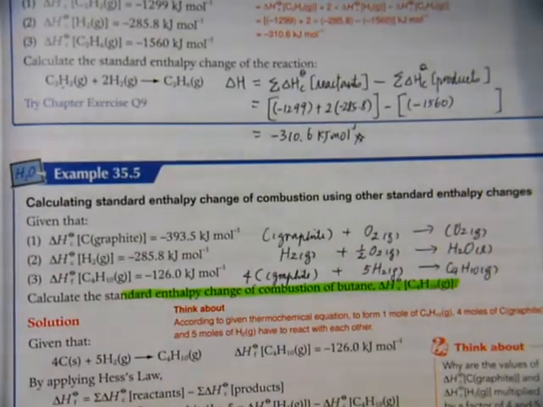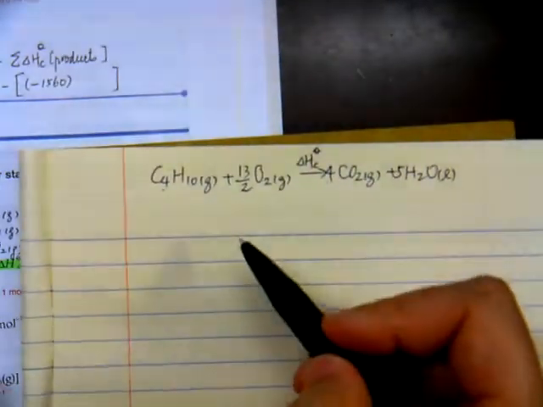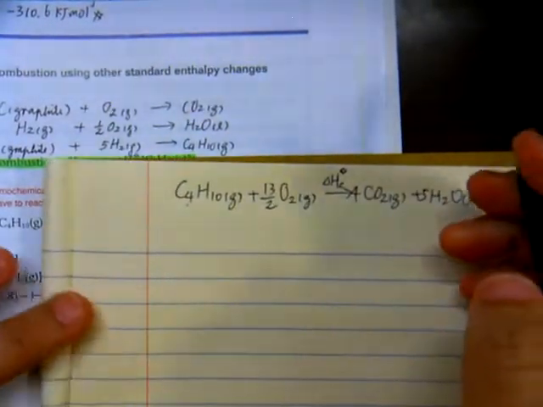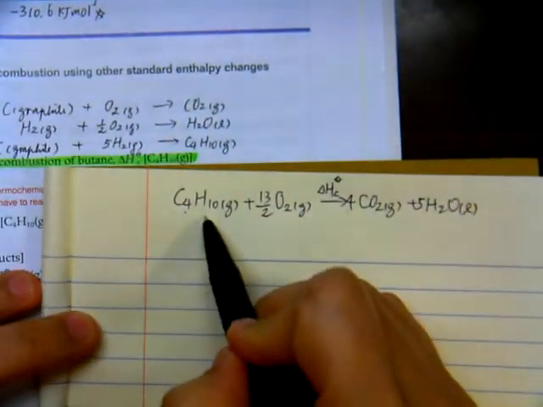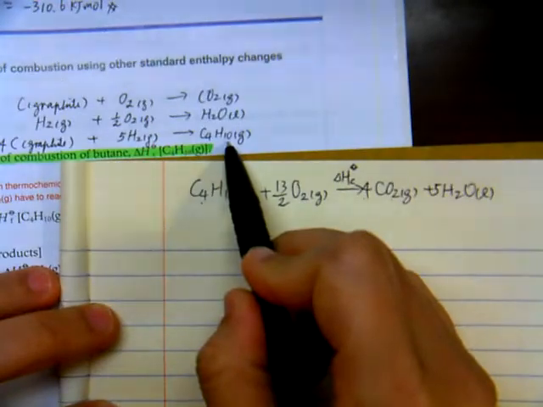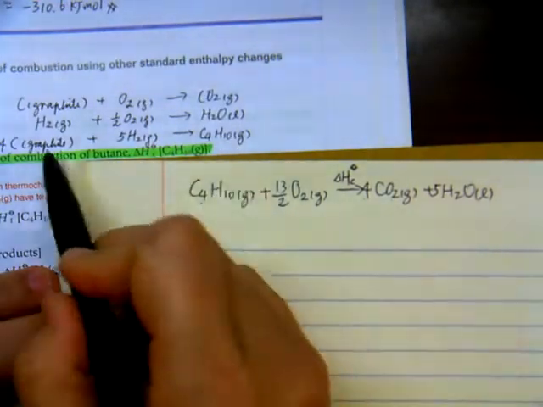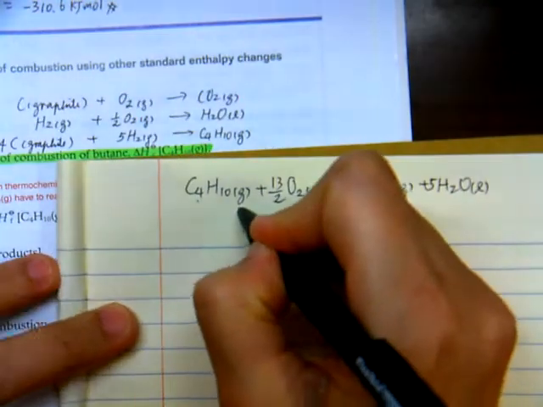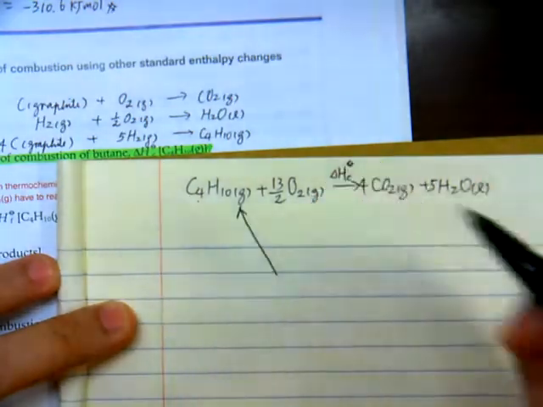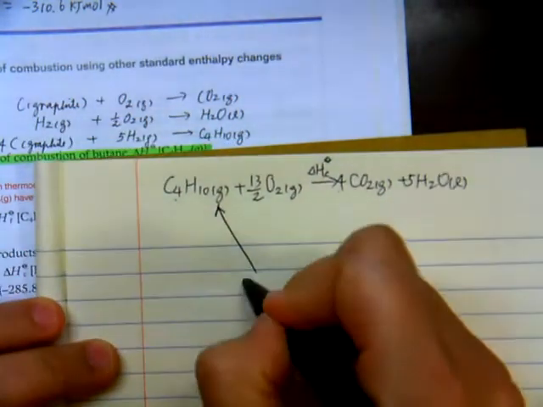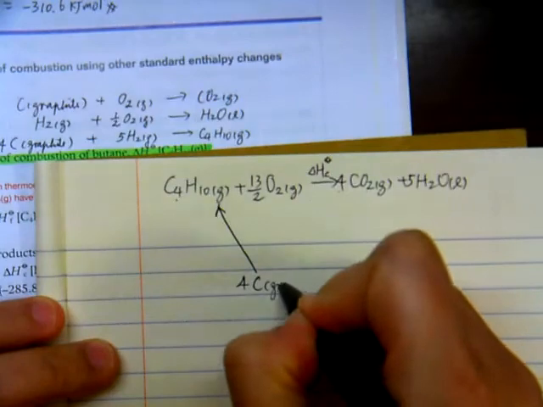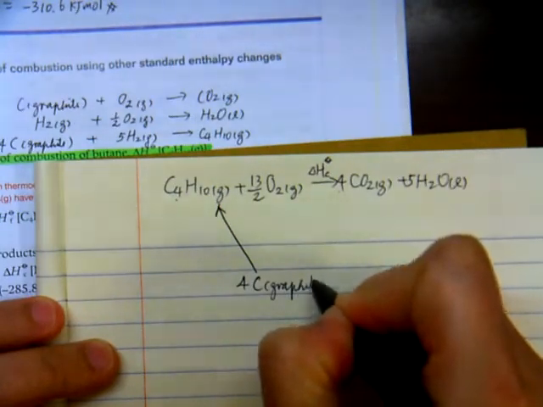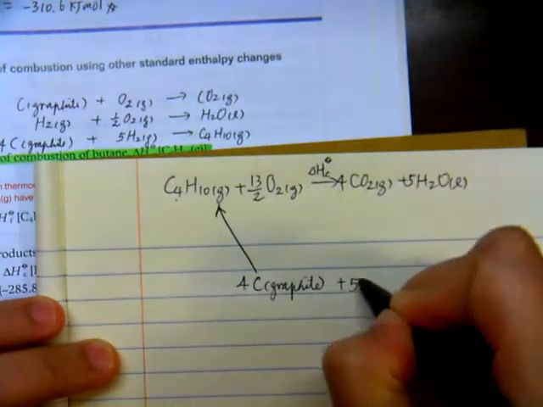Okay, let's start. First of all, let's look at C4H10. Here we have the C4H10. Formed from, that means we need to draw an arrow in this way, pointing upward. 4 carbon graphite and 5 H2.